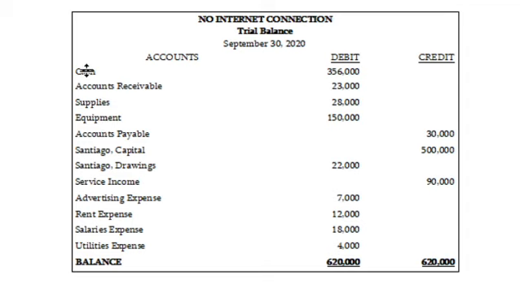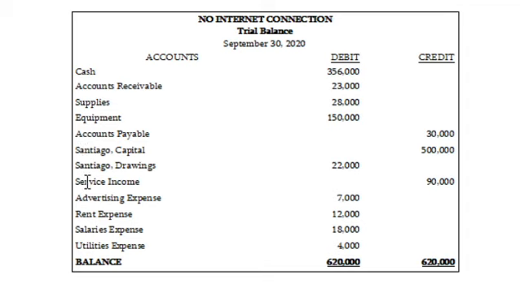So, for assets, we have cash, accounts receivable, supplies, and equipment. After the assets, we have the liability, the accounts payable. Next is the proprietorship. So, kahit sino mauna dito, basta under siya sa proprietorship. Santiago Capital and Santiago Drawings.